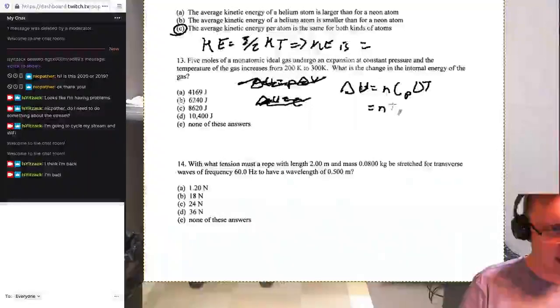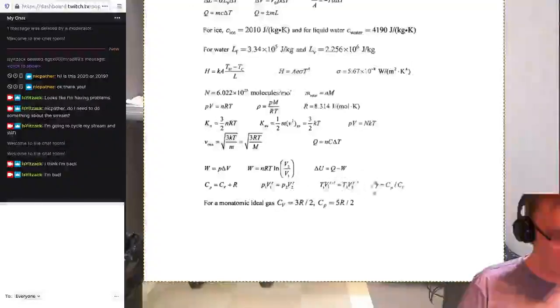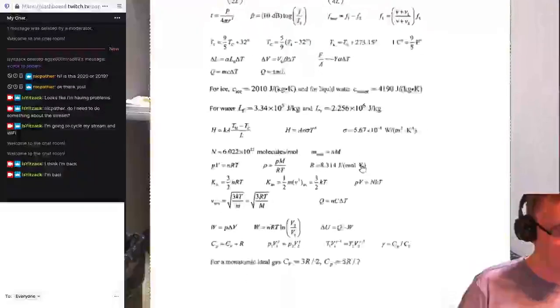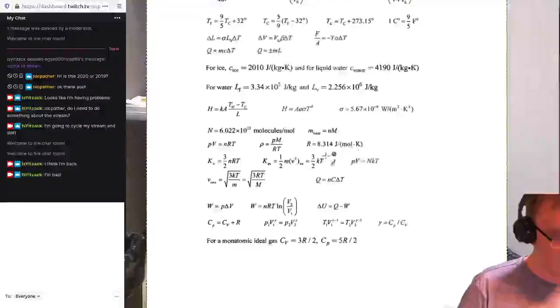So then we have n times 5 halves R delta T. n, we are told, is 5 moles. 5 halves R. Where's R? It's a constant, so it has to be given. Where is the ideal gas constant? There it is.